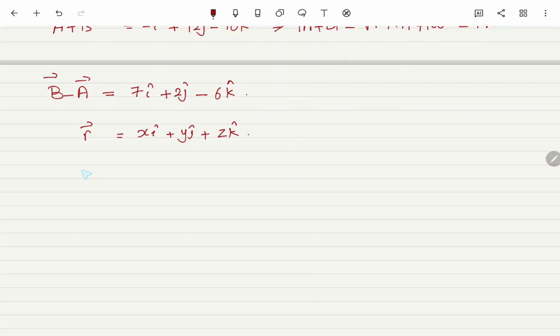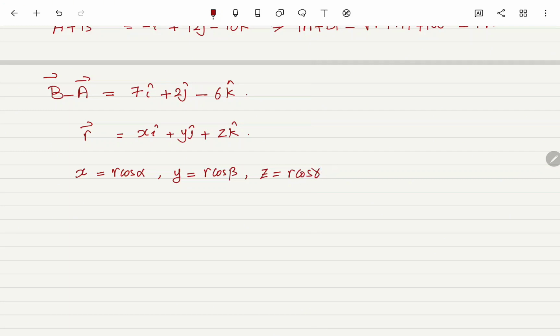In such a way, x equal to r cosine alpha, y equal to r cosine beta, and z equal to r cosine gamma.